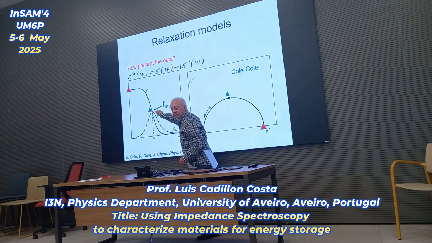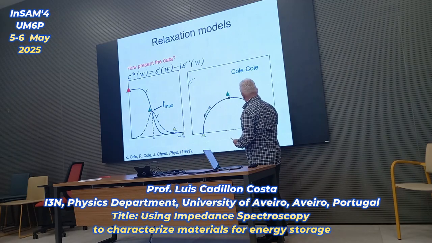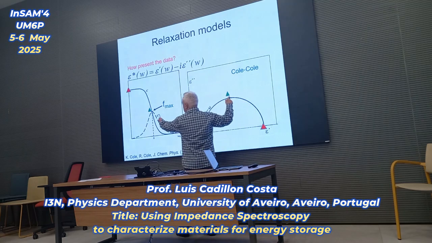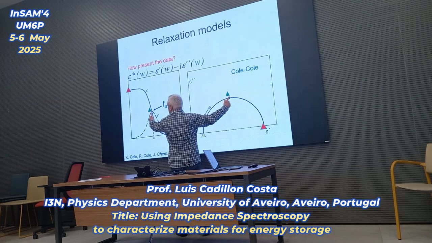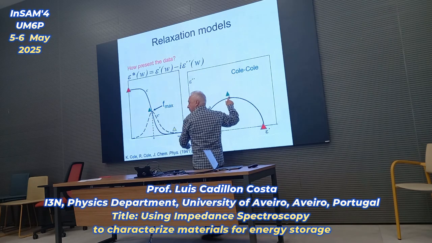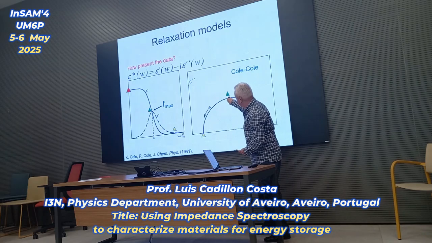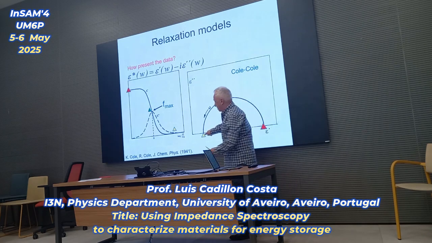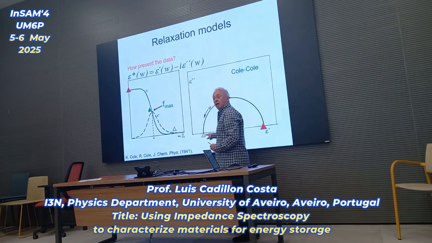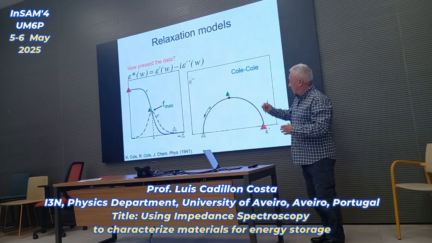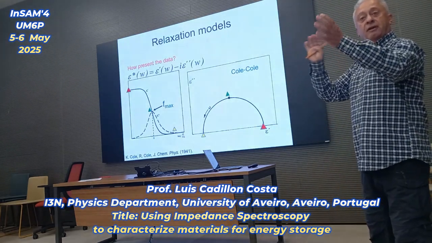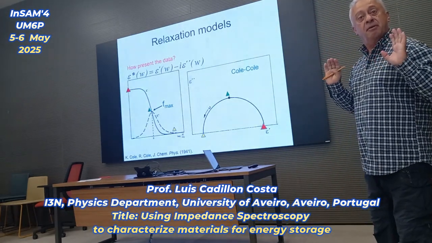Then I have a maximum here, so I have something like that. The green point is this point. Then epsilon prime decreases and epsilon double prime decreases, so they both decrease. At the end I'm here, the yellow point. So that representation and this are two different representations with the same information.